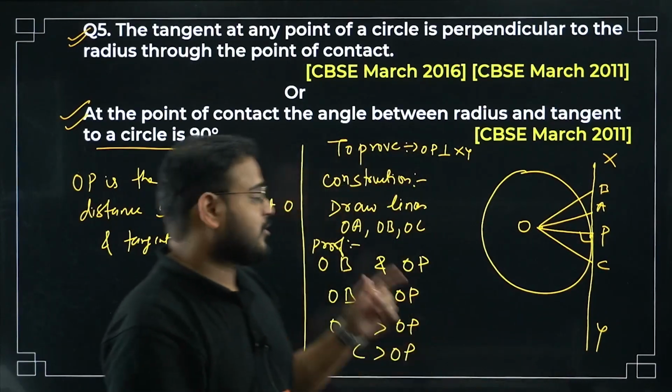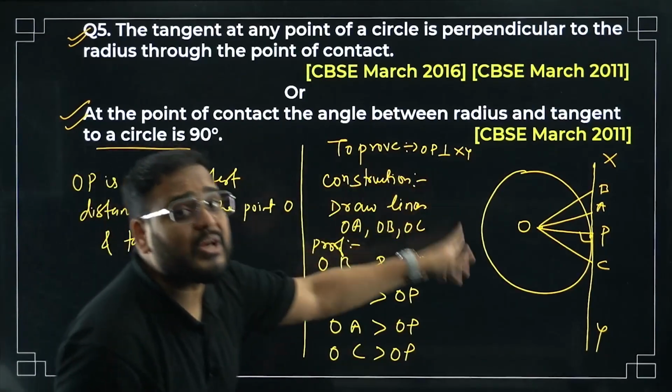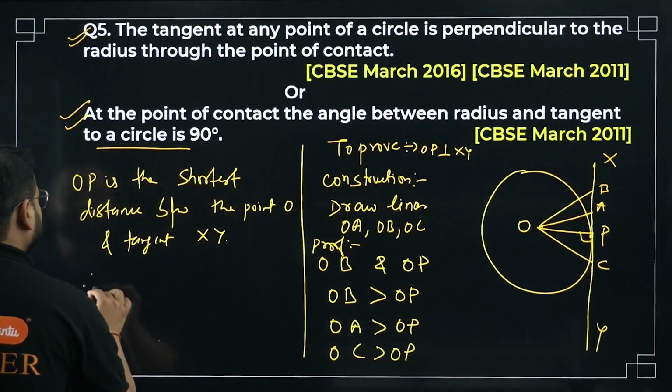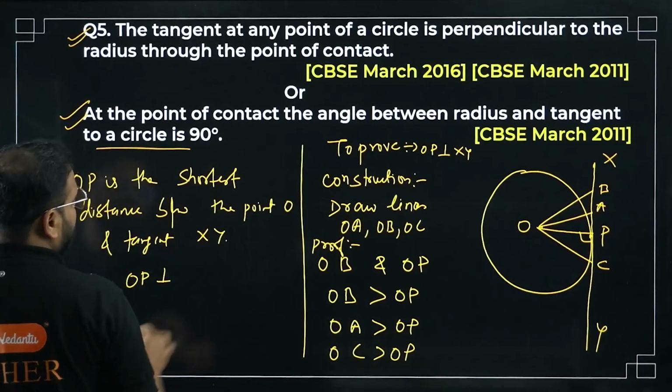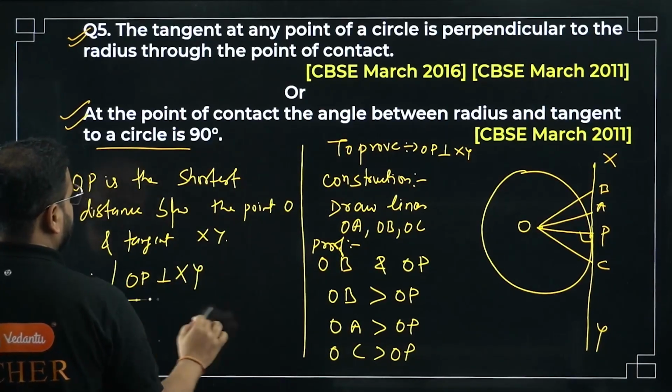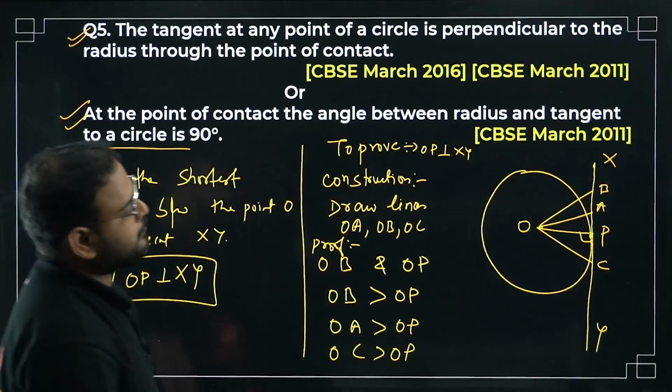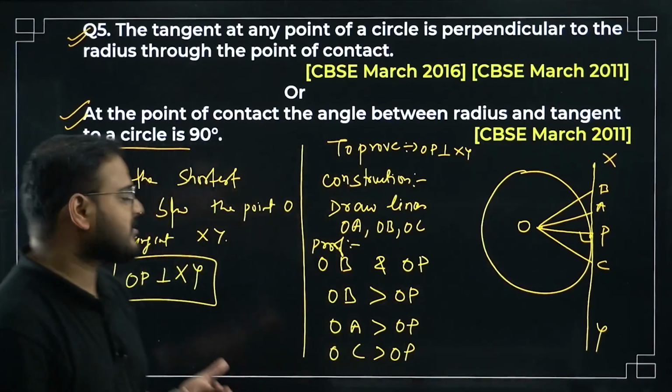And remember this, the shortest distance is always called perpendicular. Therefore, OP is perpendicular to the line XY. Hence proved. It was a 3 mark question.